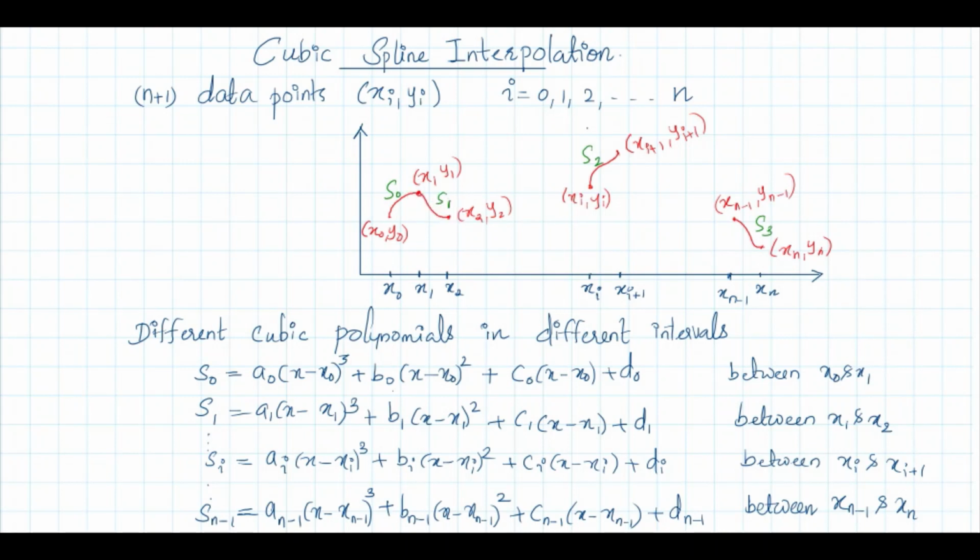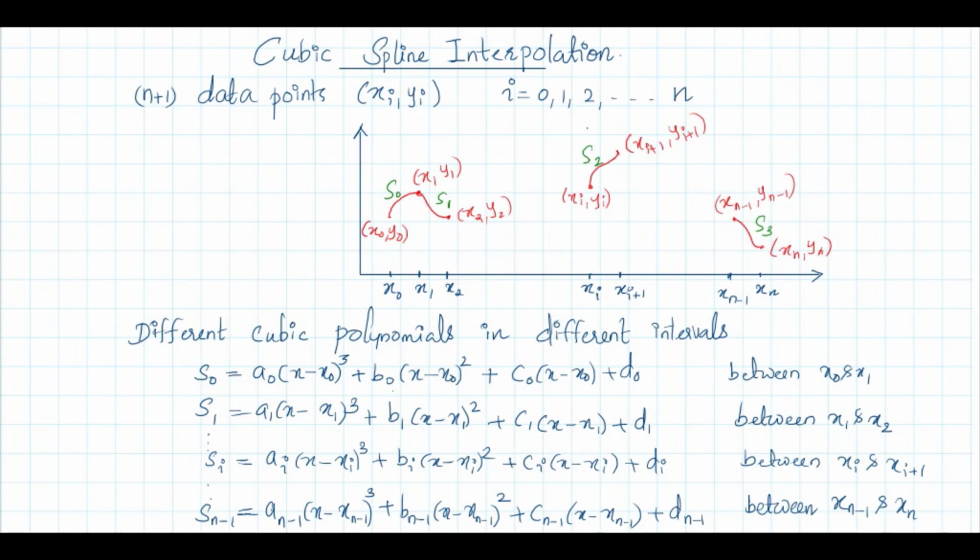So the condition is the splines at each junction should be continuous, their first derivatives should be continuous such that there is no sharp turn, the function should be smooth, and the second derivatives should also be continuous, that is the curvature should also be the same at each junction.